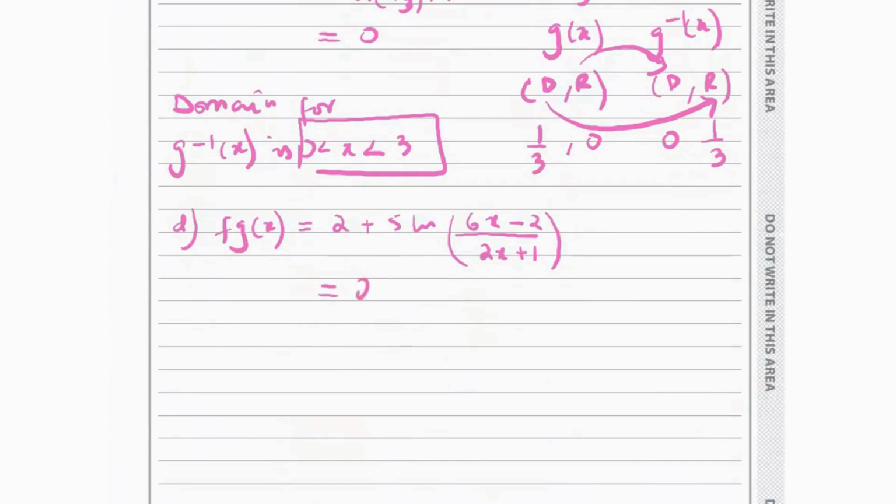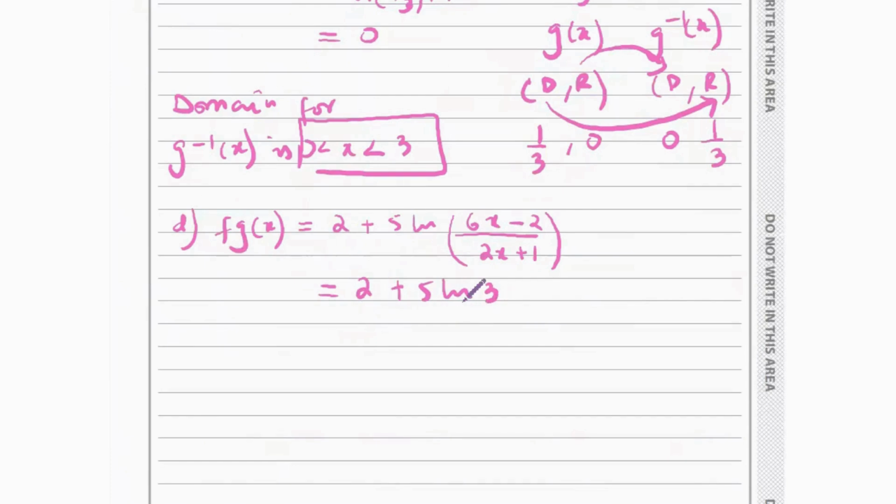So it's going to be 2 plus 5 times ln of 3. We're replacing the g of x function with 3 because that's the maximum value it can have for g of x. It cannot be more than that. So that's the restriction for g of x. It can't be more than 3. So when you put g of x as 3, the range for f of g of x becomes 2 plus 5 ln 3.